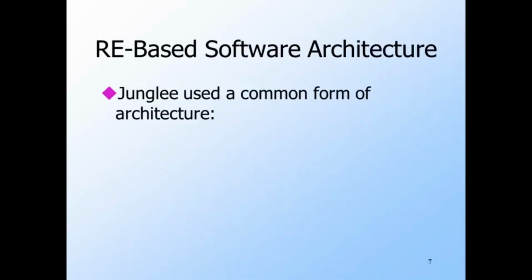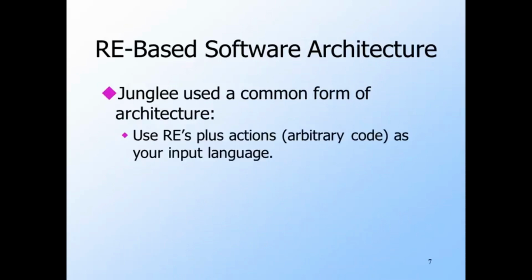The architecture of the system developed at Jungli appears in many places. The input language is regular expressions plus actions, which are arbitrary code that is executed when the regular expression is recognized. In this case, the actions would be things like return this integer as a salary.